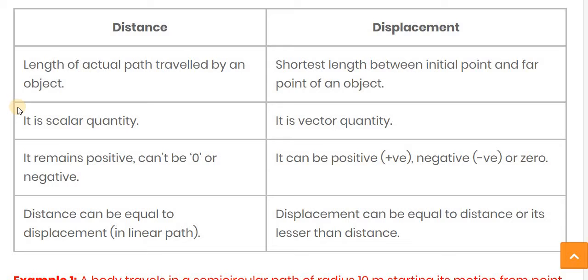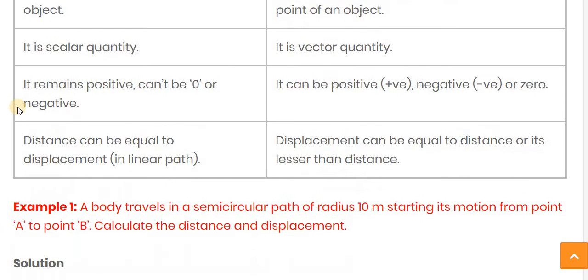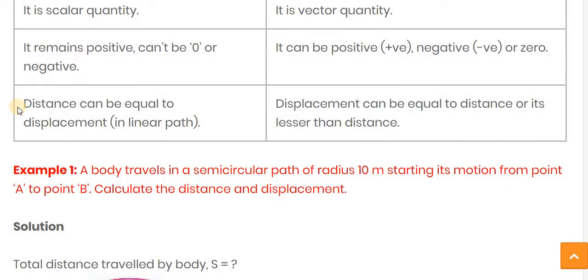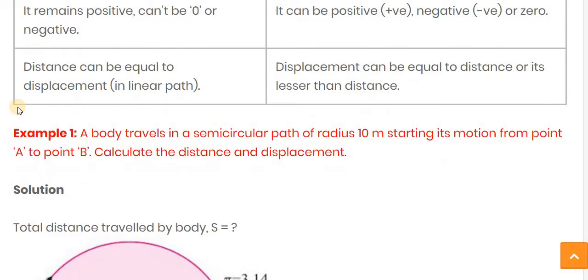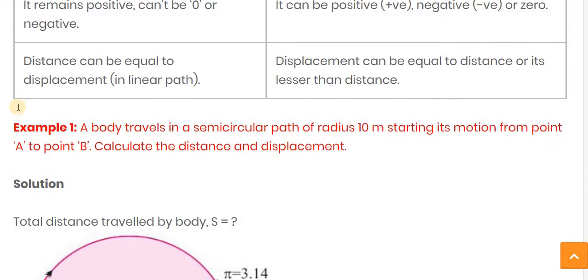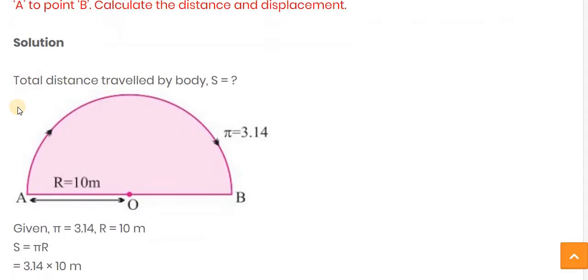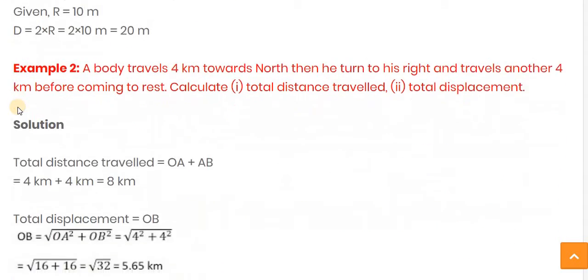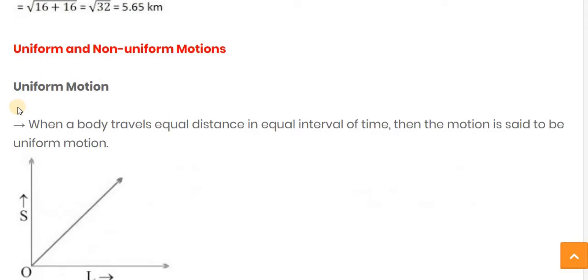So distance is a scalar quantity, whereas displacement is a vector. Displacement can be positive, negative or zero, while distance is only positive, can't be zero or negative. And distance can be equal to the displacement, but the displacement can be equal to the distance or it's lesser than the distance. And we have also seen some examples related to distance and displacement.